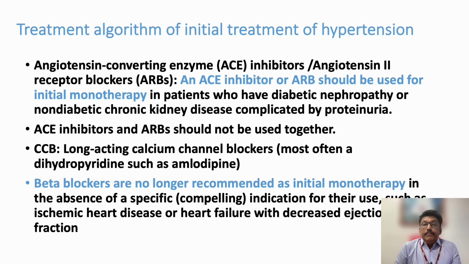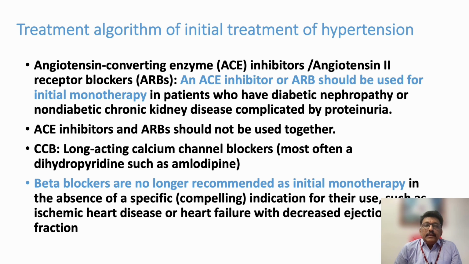Now, when we decide to treat a patient with hypertension, we have to start drugs like ACE inhibitors, ARB, calcium channel blockers, diuretics. The previous strategy was the ABCD strategy, that is ACE inhibitors or ARB, beta blocker, calcium channel blocker, diuretics.